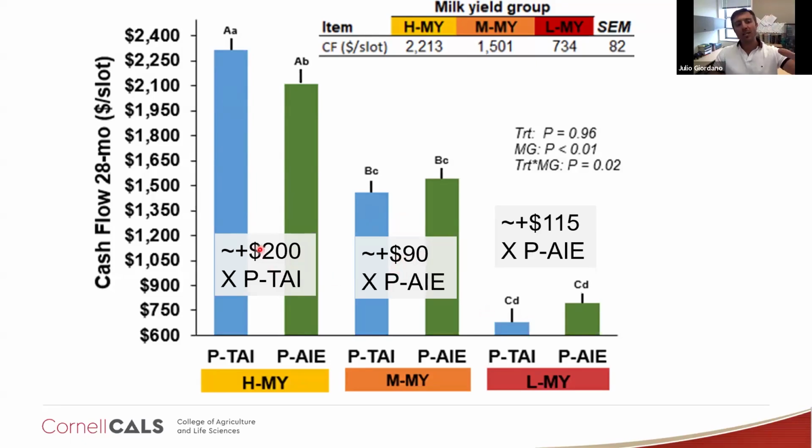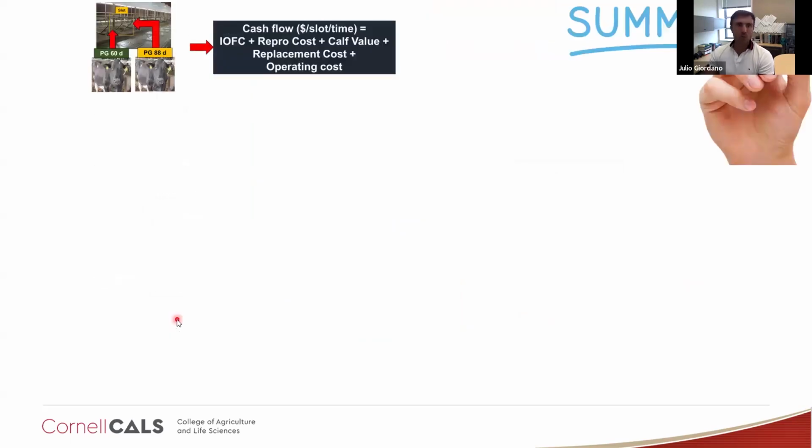The high producing cows with the Time AI program made $200 more than the predominant heat detection program, whereas the medium and low milk yield cows made more money with a combined program, most likely because of the earlier voluntary waiting period. They will have fewer days open by starting to breed them earlier, and the difference was about $90 and $115 respectively. So again, I'll finish with this.